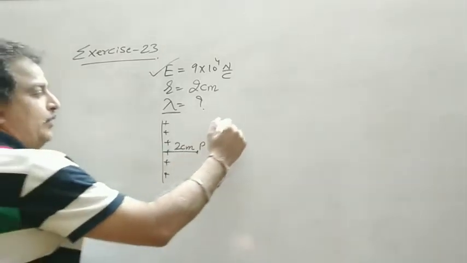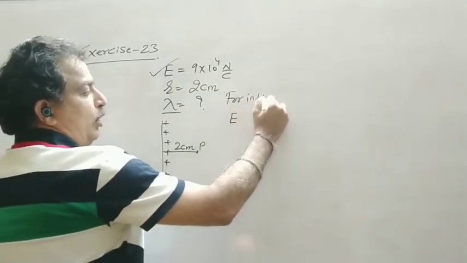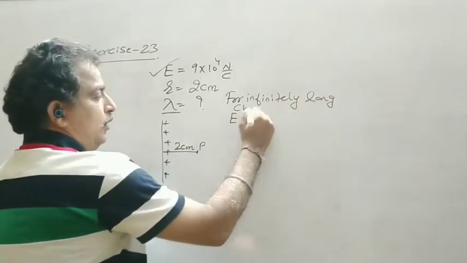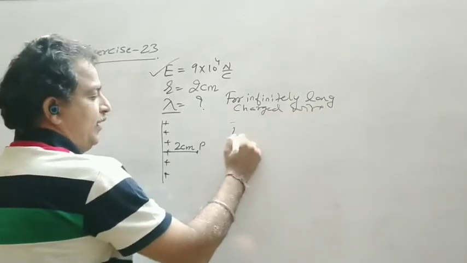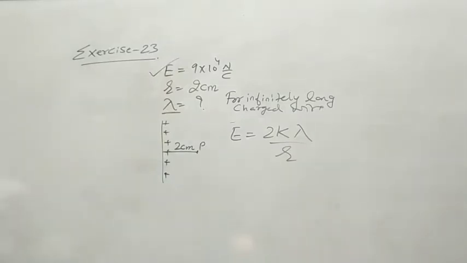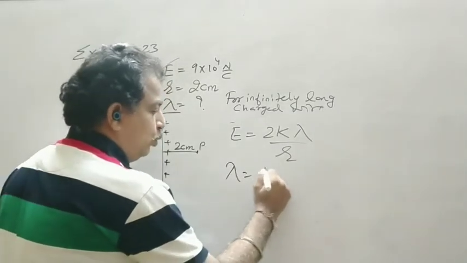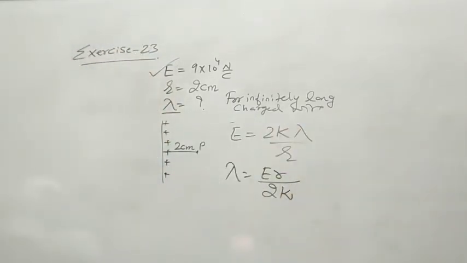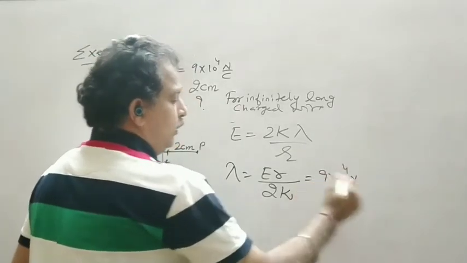So direct application, we know that for an infinitely long charged wire, E is equal to 2k lambda by R. So directly you have to substitute the values. Lambda is equal to ER upon 2k. You have to find out the linear charge density. So electric field is given as 9 into 10 raised to 4.